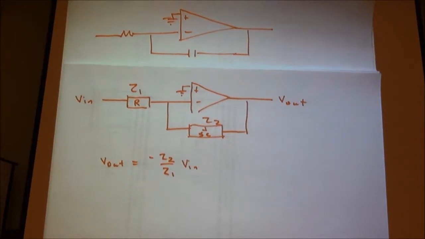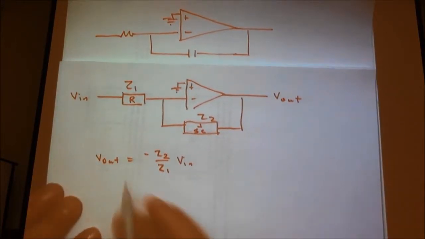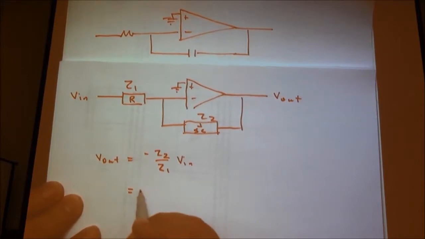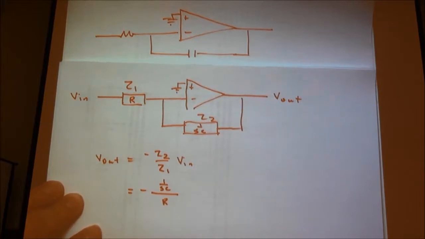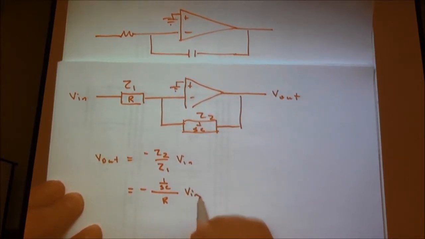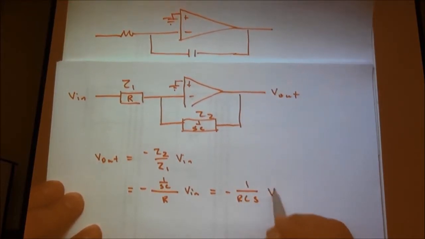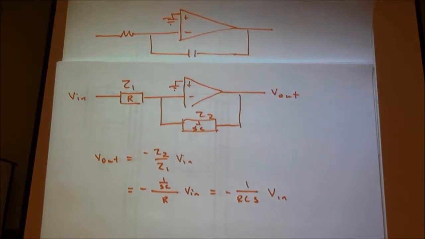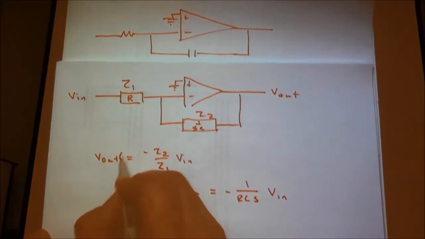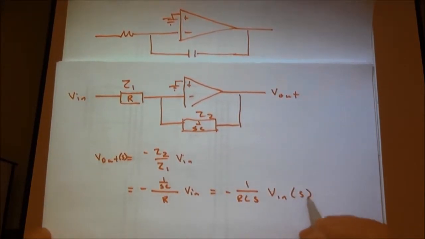But there could be more circuitry in there, but there's not this time. And so we can write this as minus 1 over sC over R times V in, and rewrite that a little bit, 1 over RCs times V in. And again, this is all in the Laplace domain. I didn't write them, but these are both functions of s. And again, we're neglecting some initial conditions here, so we're assuming 0 initial conditions.